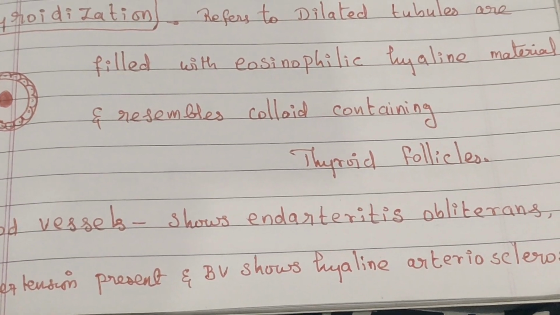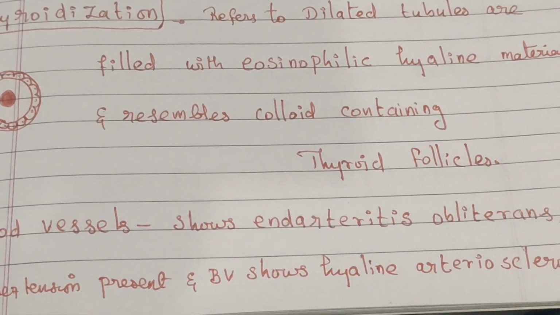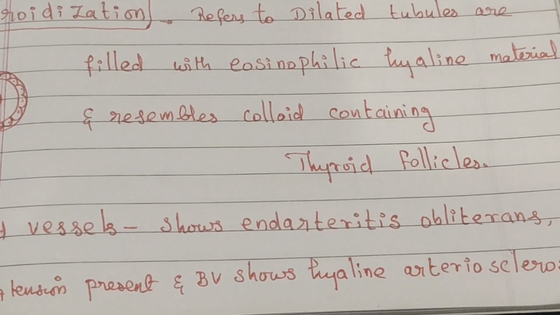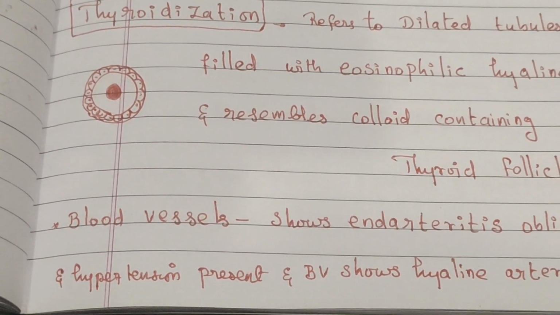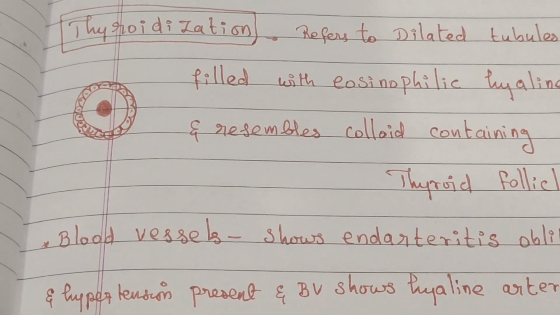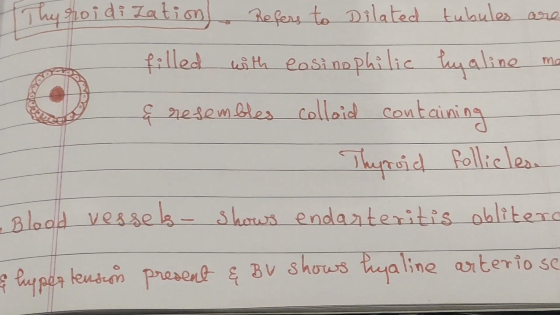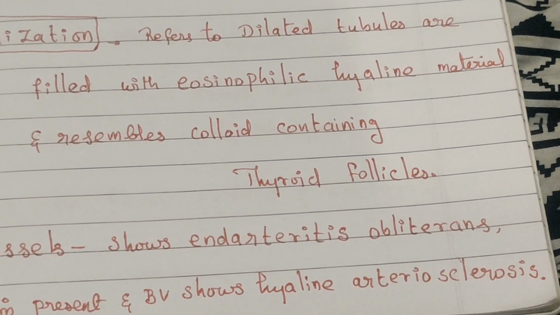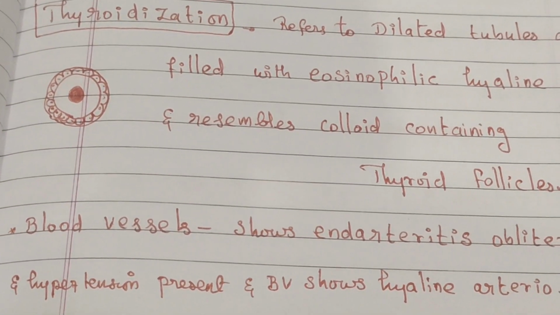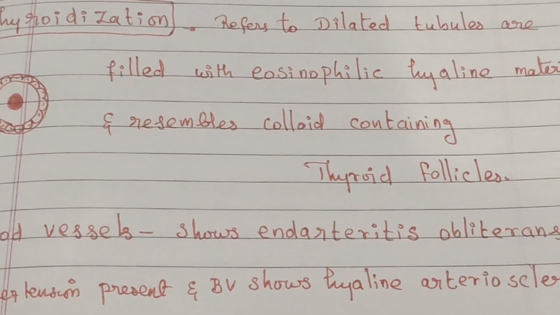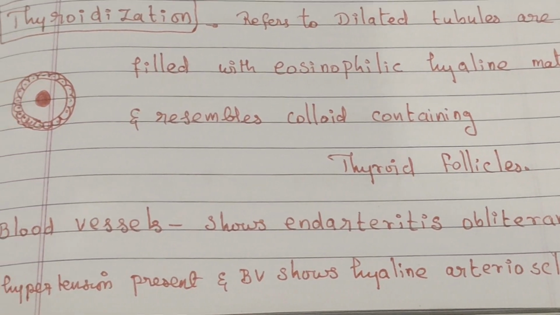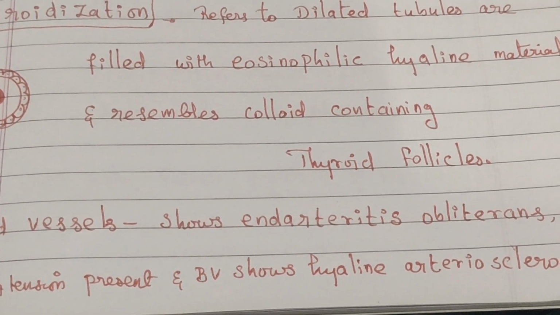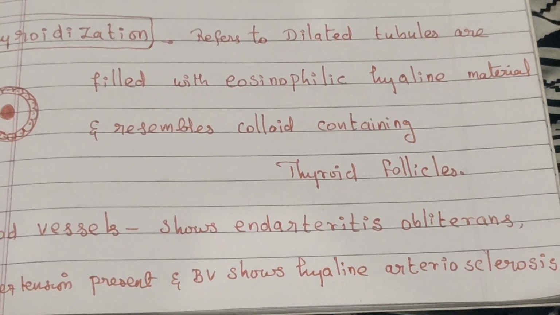Blood vessels show endarteritis obliterans, and if hypertension is present, the blood vessels show hyaline arteriosclerosis.